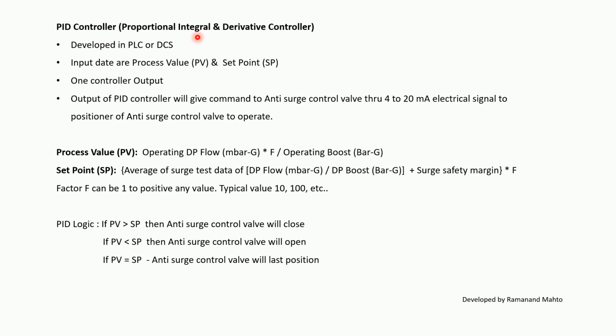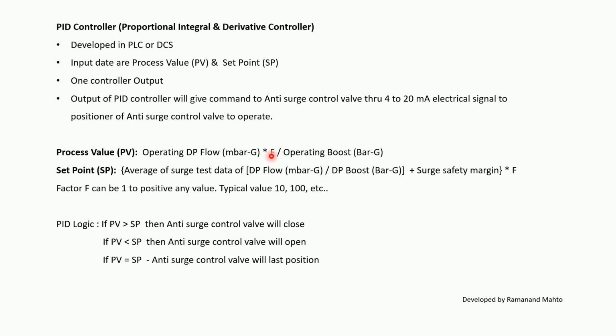The PID controller, proportional, integral and derivative control, is developed in PLC or DCS. Input data are process value PV and set point SP. There is one controller output. The output of the PID controller gives a command to the anti-surge control valve through a 4 to 20 mA electrical signal to the positioner of the anti-surge control valve to operate it. Process value PV is the operating DP flow in millibar into factor F upon operating DP boost in bar gauge.